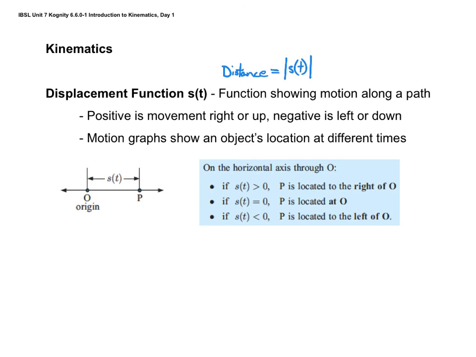We already mentioned the term the motion graph. Now the motion graph is going to be similar to what you saw earlier and similar to what we did with parametric equations before. You're going to plot a point on the number line, but you should also then label it with the time.